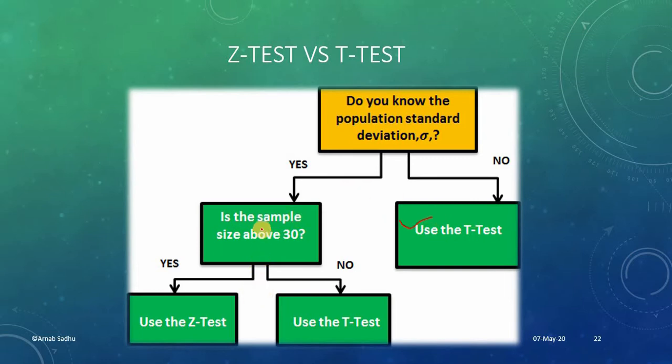Also, if your sample size is above 30, you can go for the z-test, but if you have a low sample size, less than 30, you should go for the t-test. We will see an example where we apply the z-test when the population standard deviation is known, and the t-test when the population standard deviation is not known.